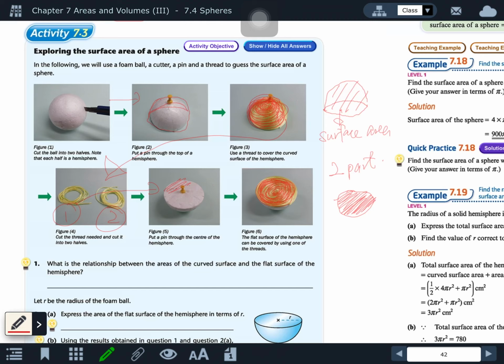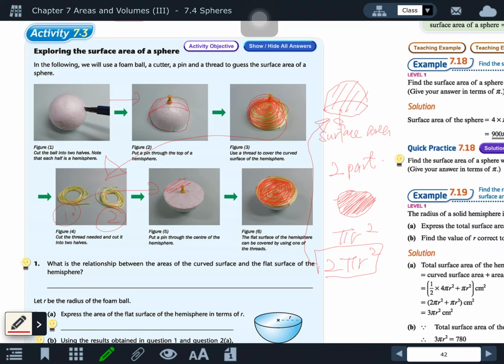That means the cross-section is something we are very familiar with, pi r square for the area, so the curved surface of the hemisphere should be 2 pi r square, which is doubled, because one part of the loop is pi r square and we now get 2 parts.